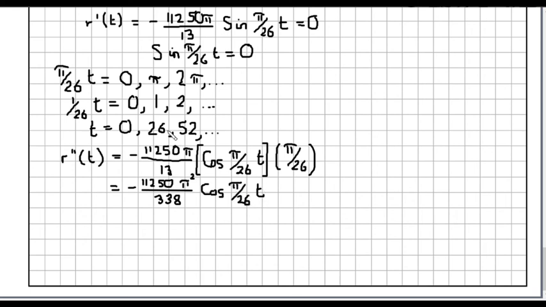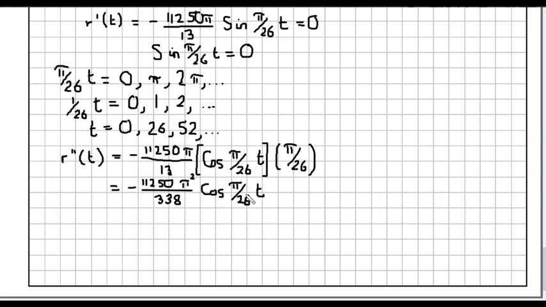Now we use this to find which of these values corresponds to the revenue being a minimum. We could sub in 0. Cos of 0 is 1, and 1 times that fraction is negative because the fraction is negative. But we want the second derivative to be positive.